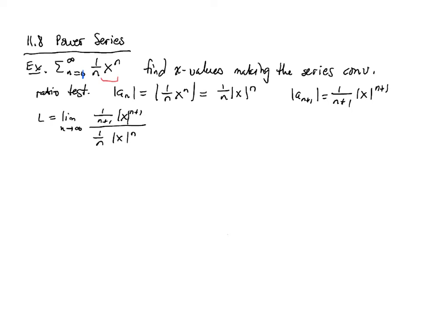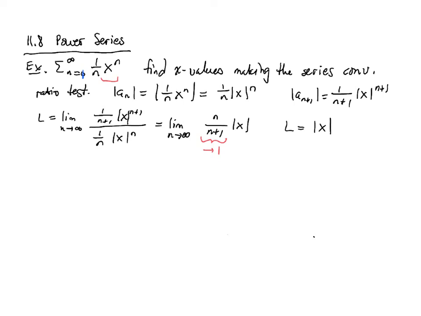I'm going to cancel some powers of the absolute value of x, not cancel any powers of n, but combine them together, and we end up with the limit as n goes to infinity of n over n plus 1 times the absolute value of x, once I cancel the powers of x away. Now as n goes to infinity, this piece goes to 1. And of course the absolute value of x all by itself has no n's in it, so we end up with L equals the absolute value of x.